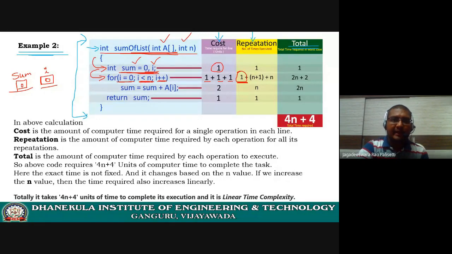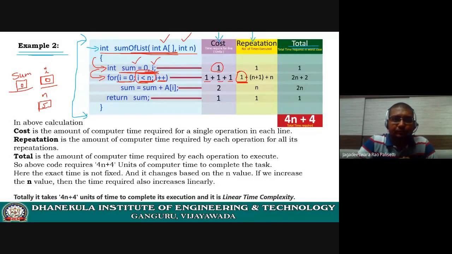How many times does this statement I is less than n execute? It starts from I equal to 0. For example, let us take n value is 5.